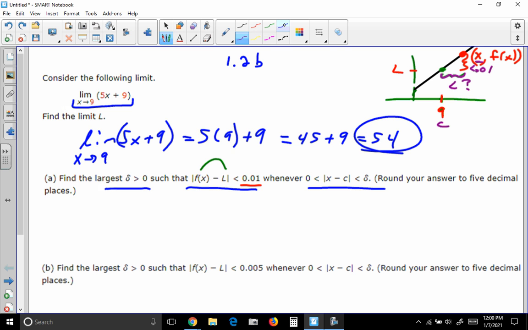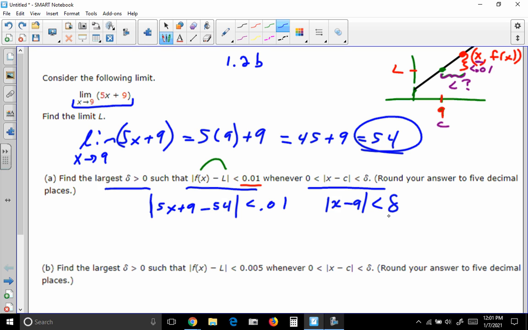So how do we figure this out? f of x we're going to replace with our function, 5x plus 9. L we're going to replace with the limit, which is 54. So the distance between an arbitrary point on our function and the limit is less than 0.01 whenever the distance between the corresponding x and the 9 that we're approaching is less than delta.